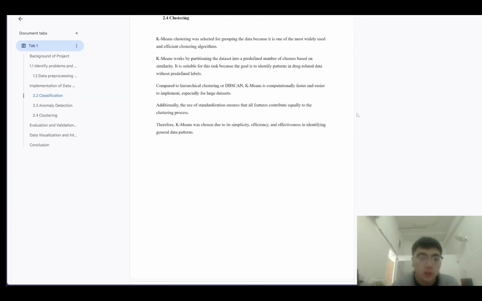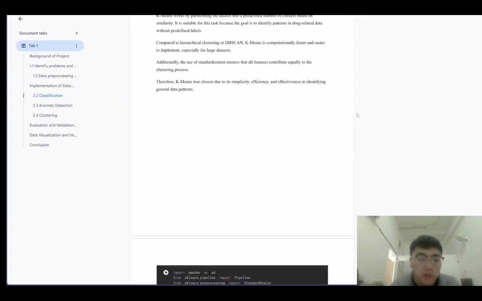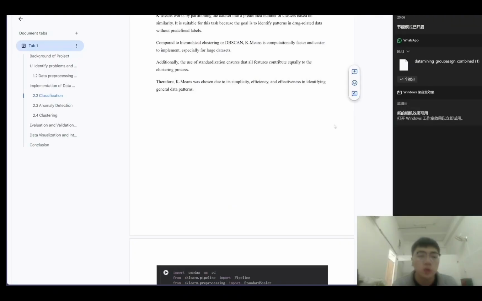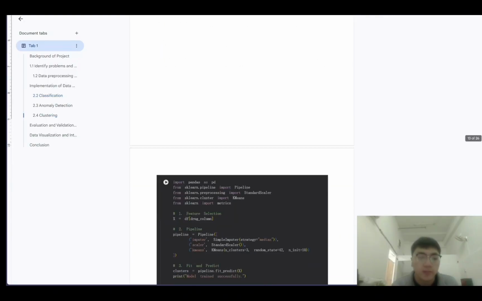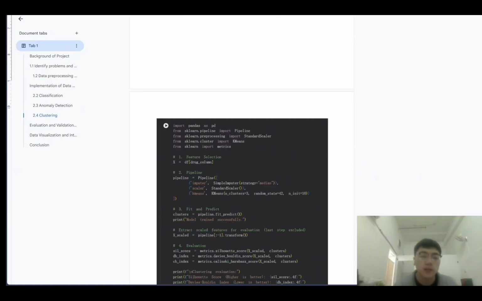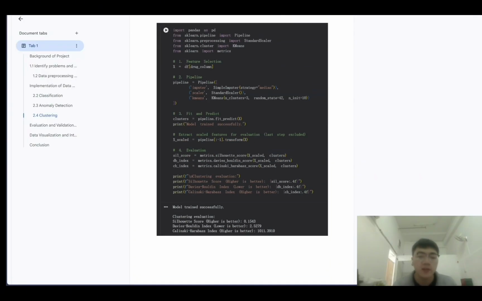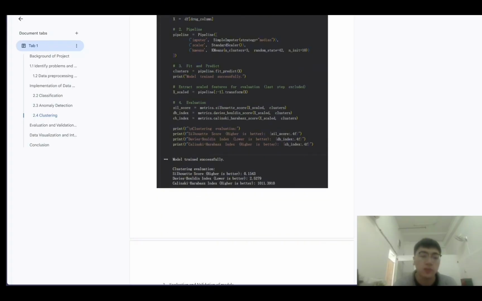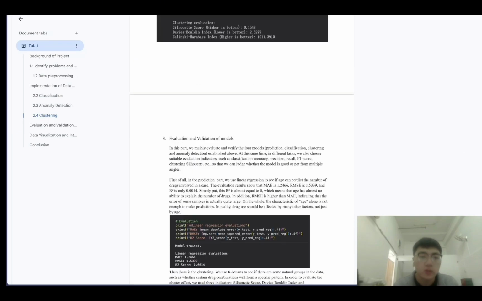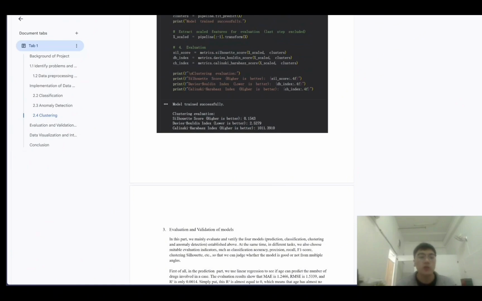And we use k-means to group similar cases. It's simple, fast, and suitable for large datasets. Compared to other clustering methods, it's easier to implement. So each method was chosen based on its suitability, simplicity, and efficiency.